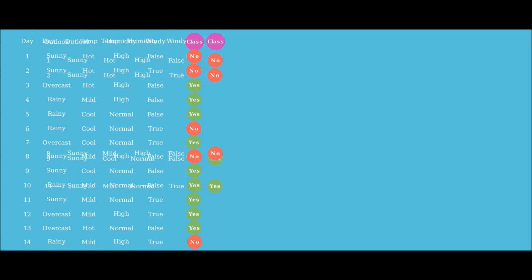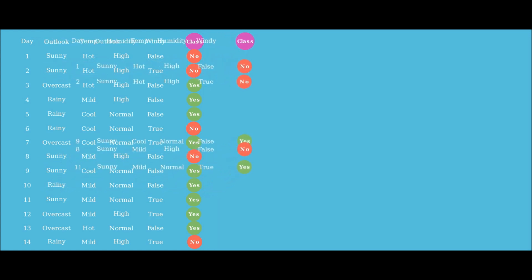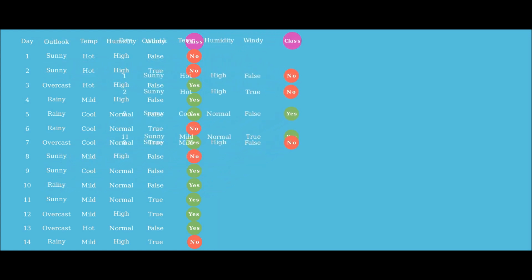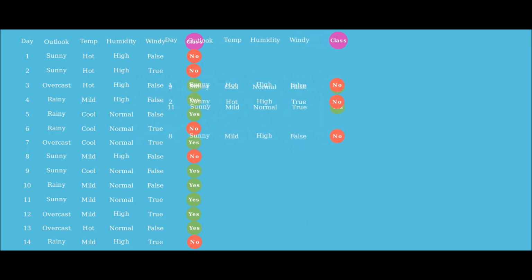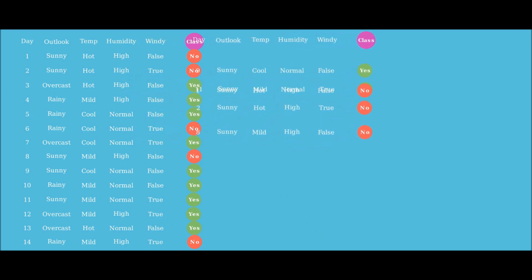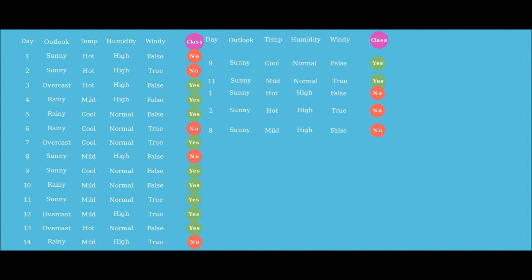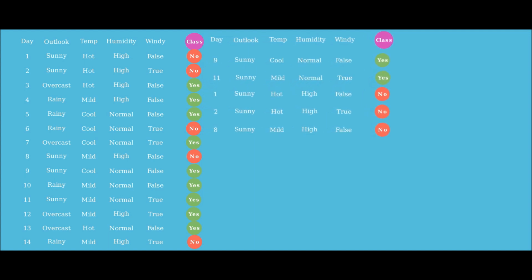So now I am going to calculate Gini index for outlook, value sunny. If you see that outlook feature having value sunny, it has 5 instances, in which it has 2 yes classes and 3 no classes.